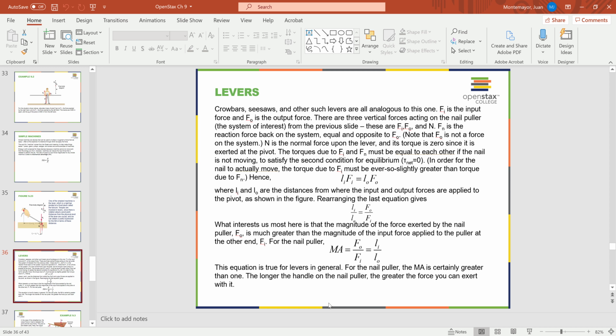For the nail puller, we have MA equals Fo over Fi, which also equals, like we just said, Li over Lo. This equation is true for levers in general. For the nail puller, the MA is certainly greater than 1. The longer the handle on the nail puller, the greater the force that can be exerted with it.